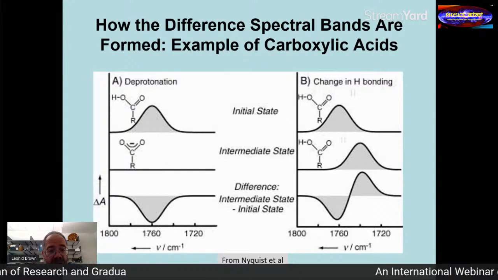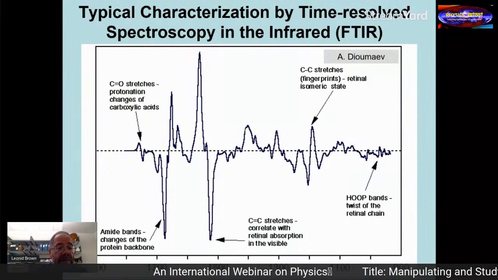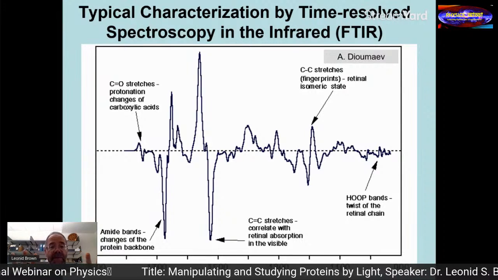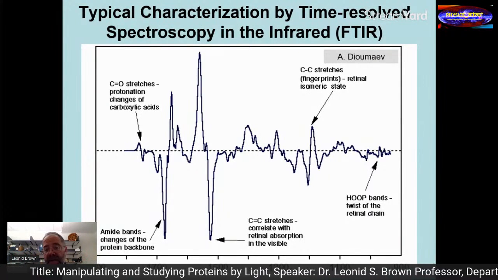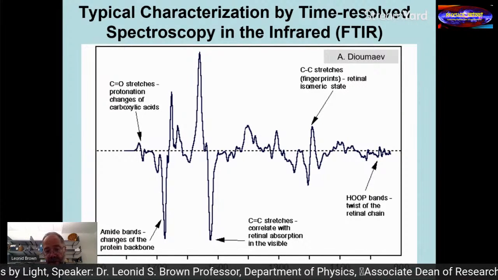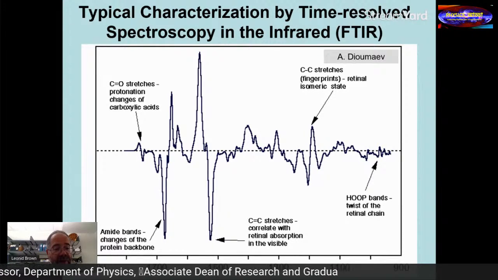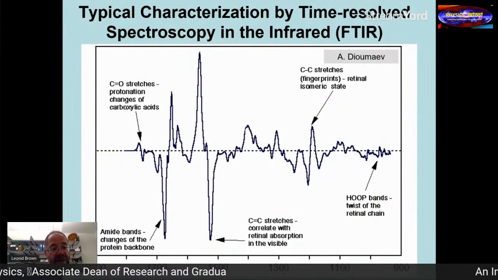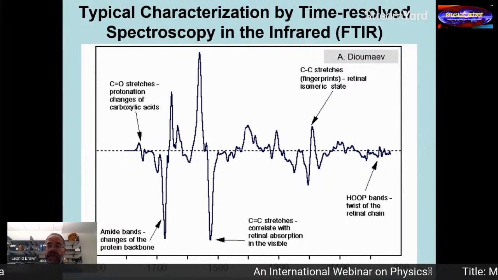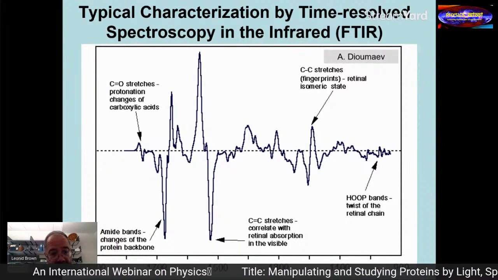So I will give you another example on rhodopsin from our old work. Here is a difference spectrum, a snapshot at, let's say, several milliseconds after the light excitation of bacterial rhodopsin. And it just shows you how rich the spectrum is. You can see overall conformational changes by looking at the amide bands. You can see protonation and deprotonation of carboxylic acid, so you can follow the traveling of protons inside the protein. You can see how retinal changes.